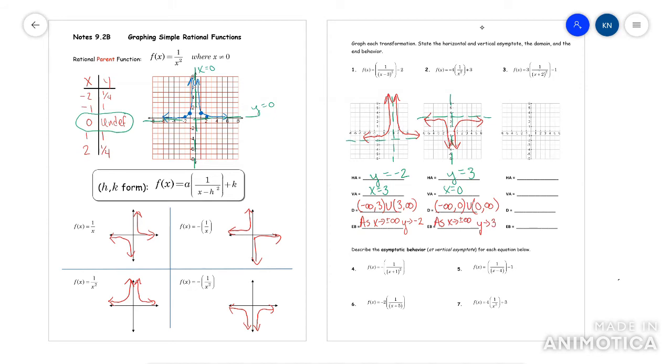Okay, this next one, go get your VA. It's at negative 2. Go get your HA. It's at y equals negative 1. This is a positive lead coefficient and a square. So my arrows are together, both going up, up.